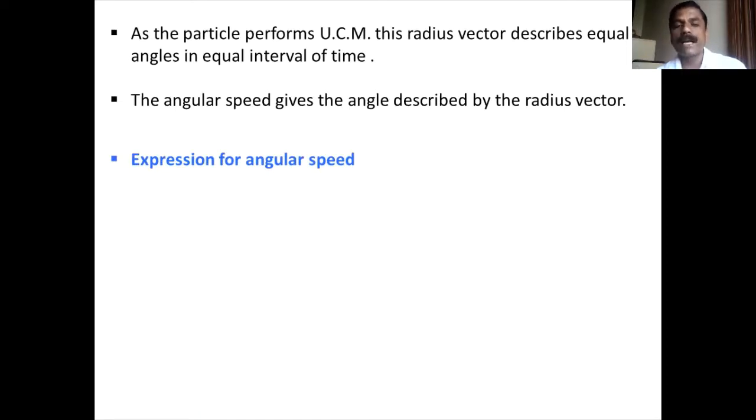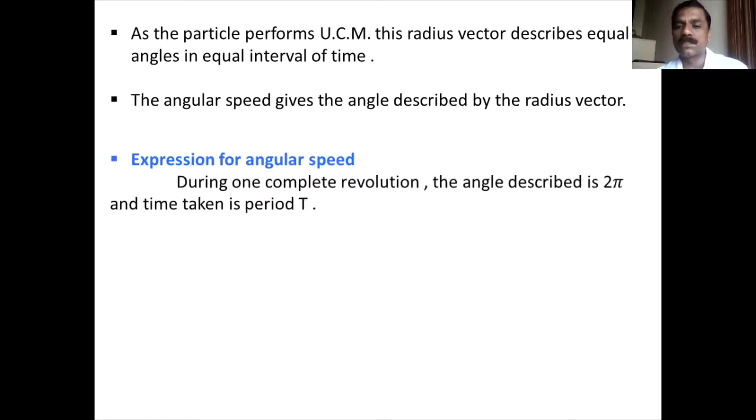Now how can we find the expression for this? If we consider one revolution, what will be the central angle? Definitely it is 2 pi, and the time required is the period. So for one complete revolution, the angle described is 2 pi and the time required is capital T. With this information, we can find the angular speed.